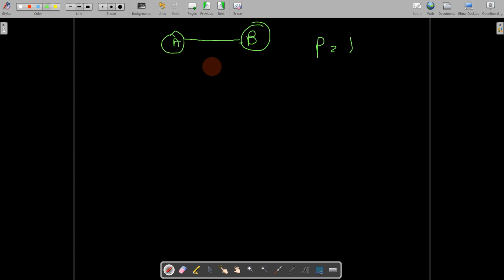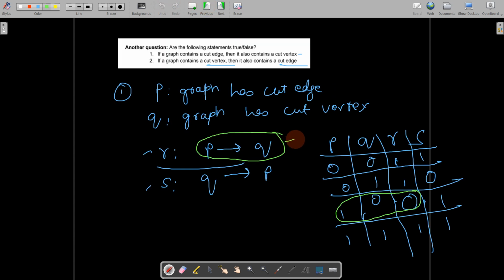Before removing B, the connected components were 1, and after removing B also there is only one vertex, the connected component is 1. So there is no cut vertex, or Q is false. So that means the first implication R is definitely false, because we got a counterexample.